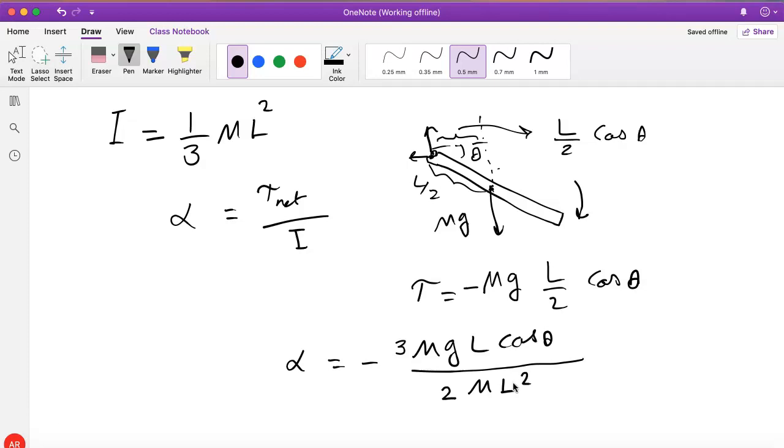Just plug in the I and the tau in this equation over here. So the m's cancel out. I get minus 3/2 g over L cosine theta.